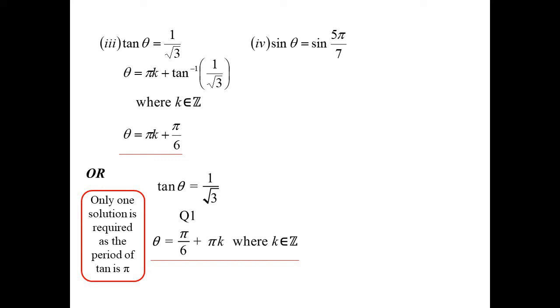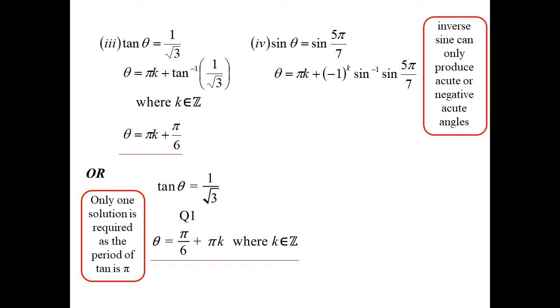Ooh, something like this then. Sine theta equals the sine of 5 pi on 7. And it's really tempting to simply say, well, theta is 5 pi on 7. That is, of course, one possible answer. If I want to generalise it, I'll put it into the formula: pi k plus minus 1 to the power of k, inverse sine of sine 5 pi on 7. But remember, we've got to be very careful with the inverse sine of sine 5 pi on 7, because the inverse sine function only gives us acute or negative acute answers.